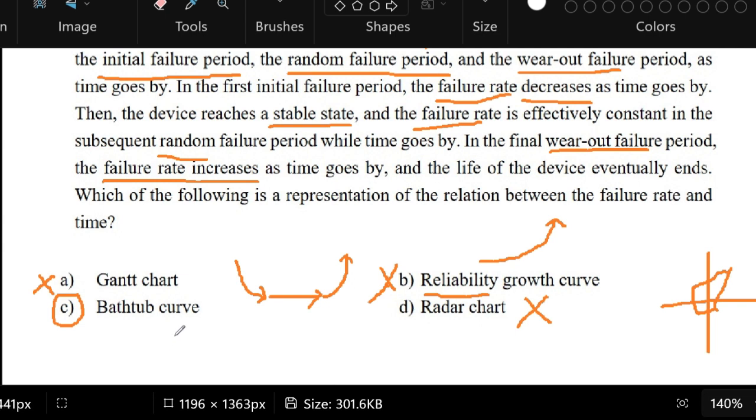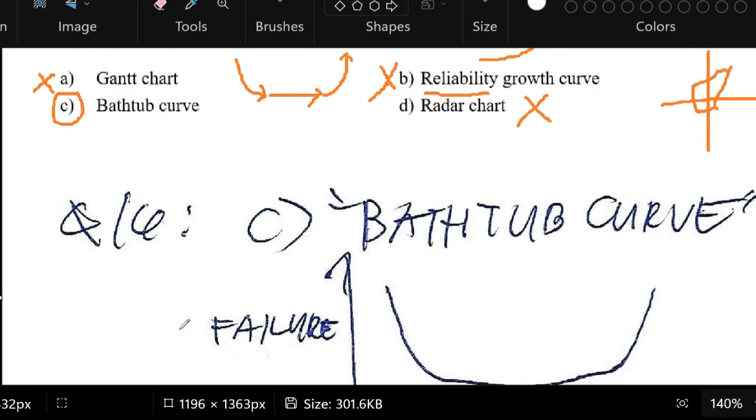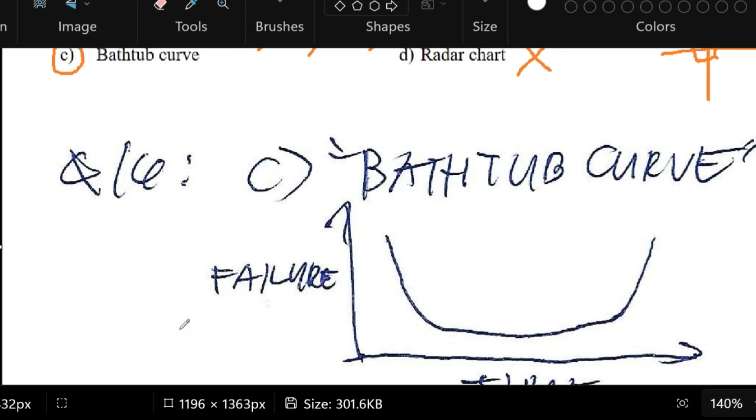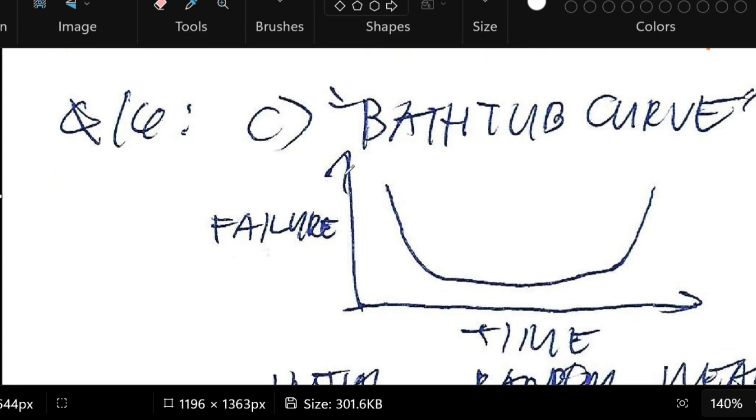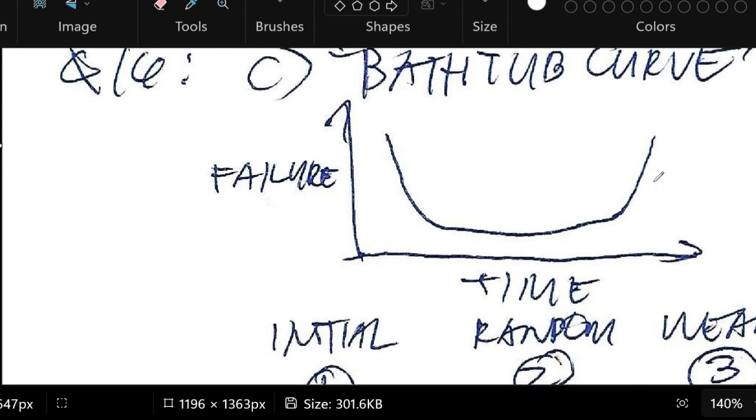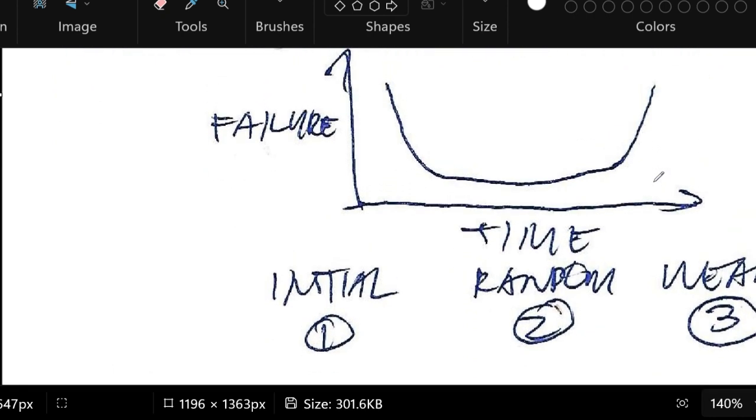Now, if we look at my notes, maybe we can find something more. Just like what I drew a while ago, failure, with time on the x-axis and the failure rate on the y-axis, we see this curve which looks like a bathtub. That's why it's called the bathtub curve. If we go down some more, we have some of my additional notes.